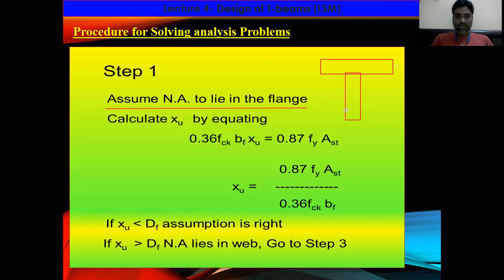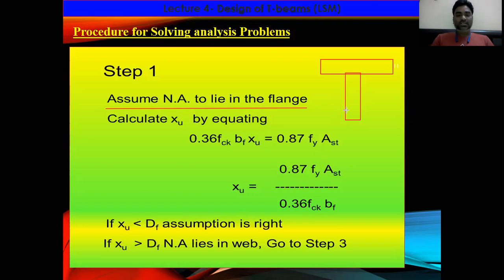How to determine for different cases we discussed in our last class, right? So therefore, first you have to find out whether the neutral axis is within the flange or within the web, right?